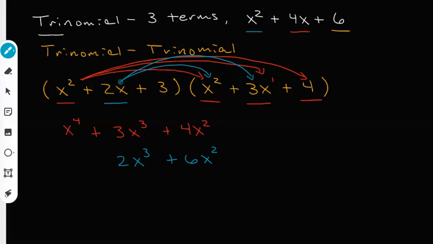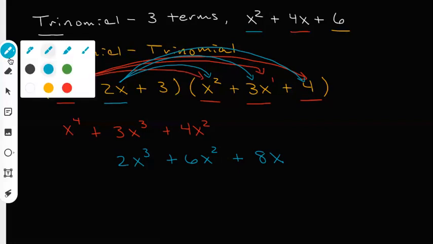And then the last thing I need to multiply the 2x by is the 4 over here. 2x times 4, what would that give you? 2 times 4 is 8, so I'm going to have 8x. Now we're done with the 2x. We've already multiplied it by everything on the right side.